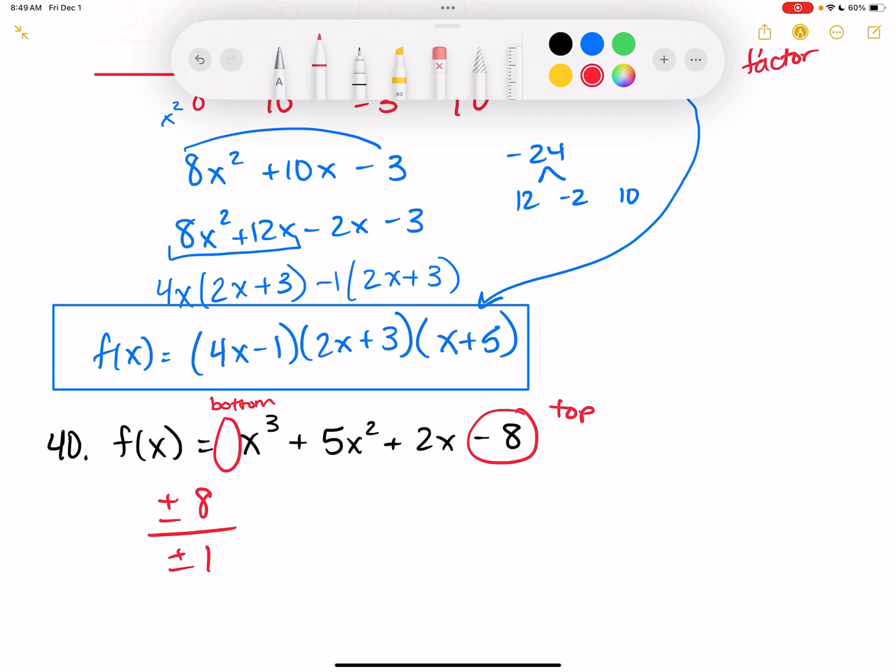And so basically what we would do is, on top, list off all the possible factor combinations of what can multiply together to give me 8. But we write them in numerical order. Okay, so I know that 1 is a factor.